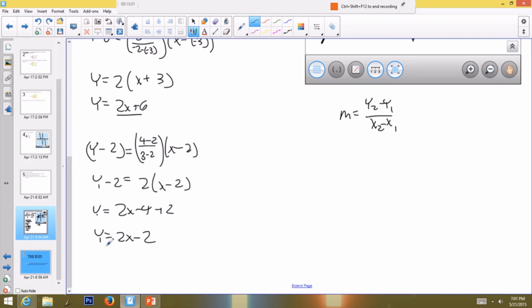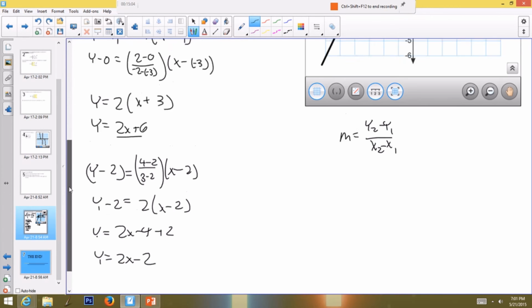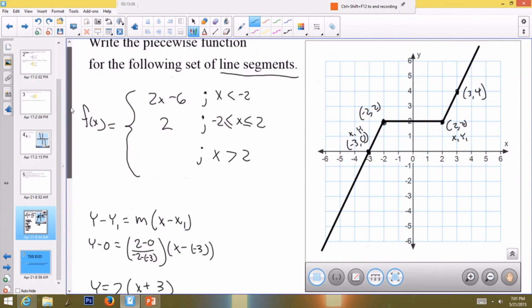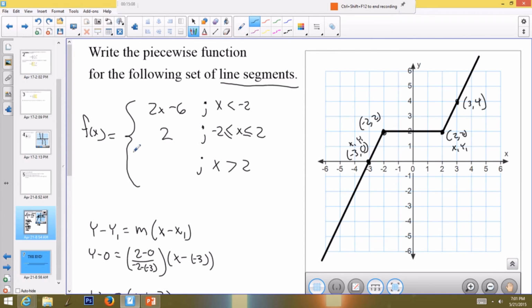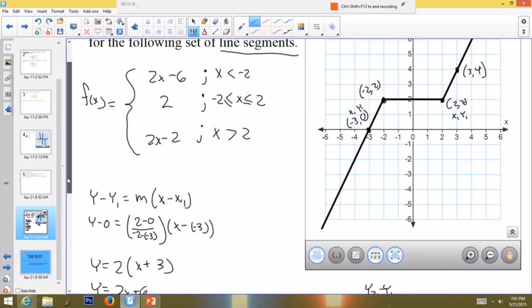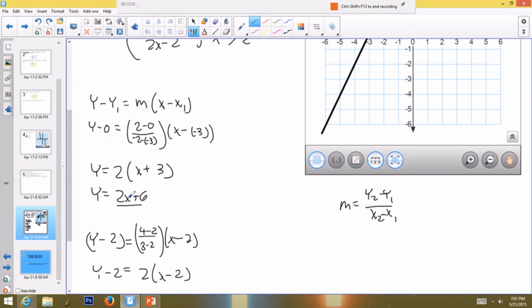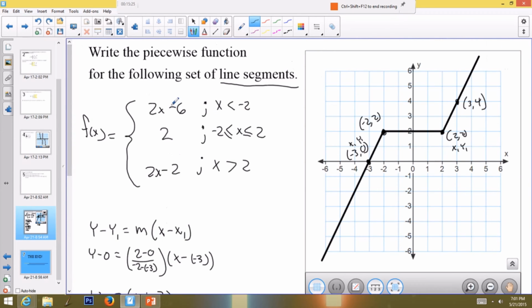So this is the subfunction that fits this linear equation. So we end up with 2x minus 2, and it looks like I have a copying error, doesn't it? Well, I said plus 6 here, so let's make this plus 6.